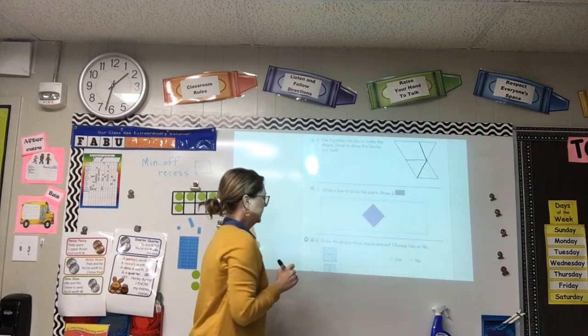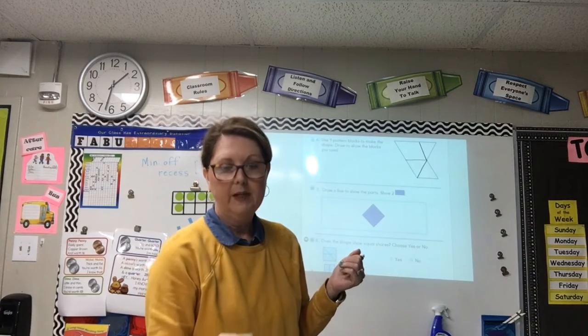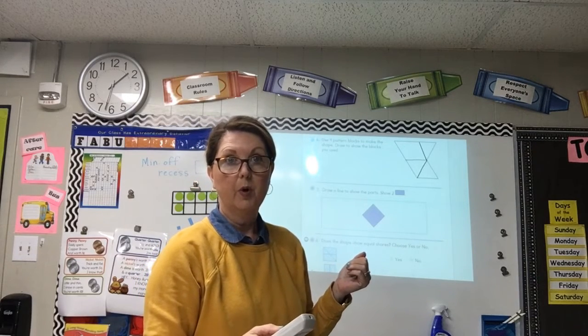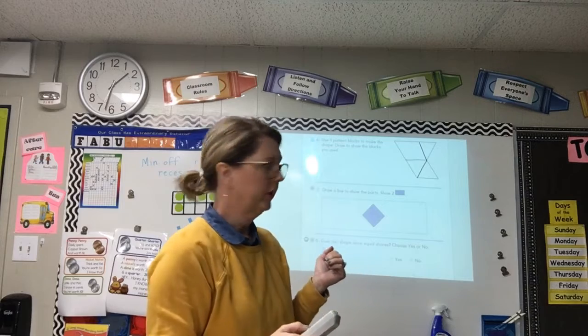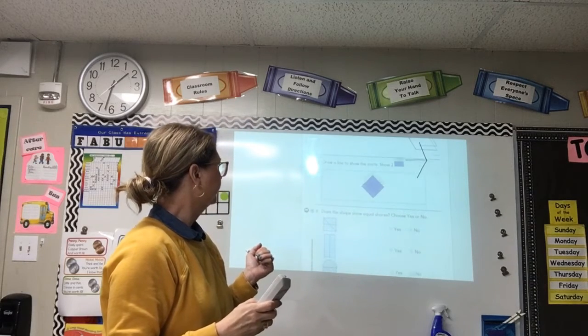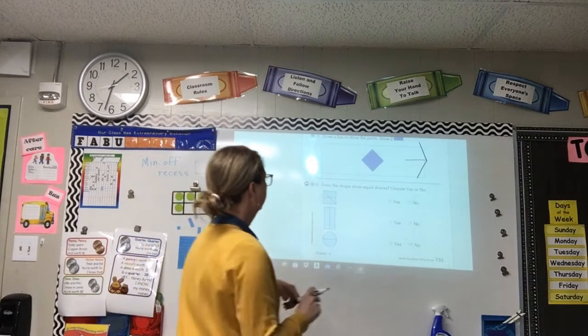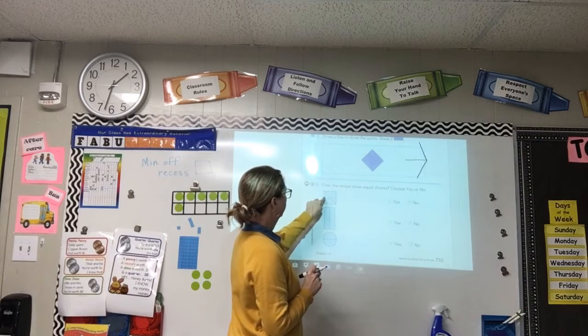All right, number 8, does the shape show equal shares? What you think about with that is equal meaning all the parts are the same. So if you're sharing with a friend, then you want the parts to be the same. The first one has big, little, big, little.